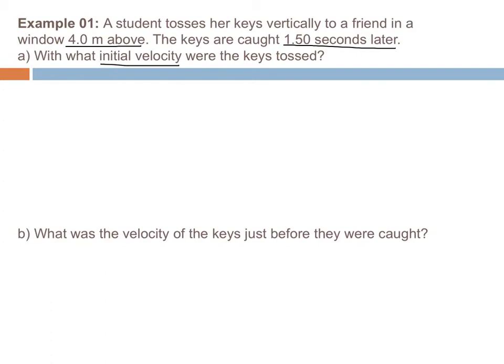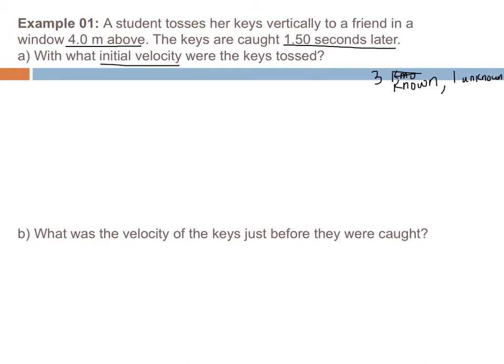So remember that with kinematic equations, you have to have at least 3 known pieces of information and 1 unknown piece of information.